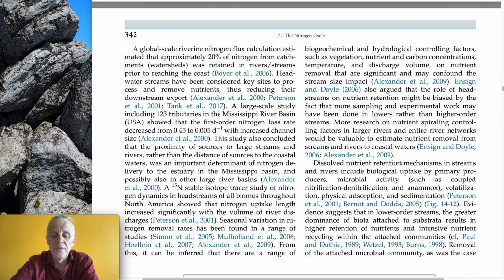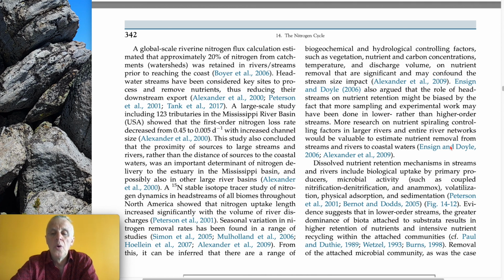From this, it can be inferred that there are a range of biogeochemical and hydrological controlling factors, such as vegetation, nutrient and carbon concentration, temperature, and discharge volume, that are significant for nutrient removal and may confound the stream size impact.